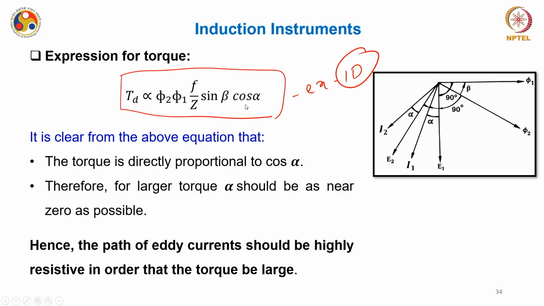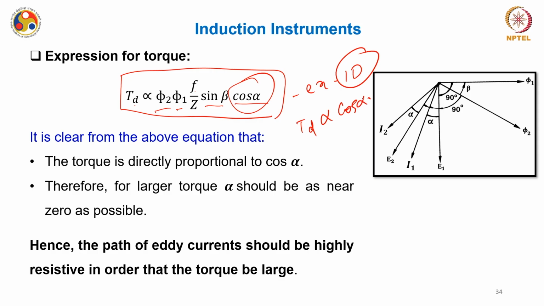And from this expression it is clear that the torque is directly proportional to phi 2, phi 1, it is directly proportional to F, it is also directly proportional to sin beta and cos alpha, and it is inversely proportional to the impedance of the path of the eddy current. So TD is directly proportional to cos alpha.